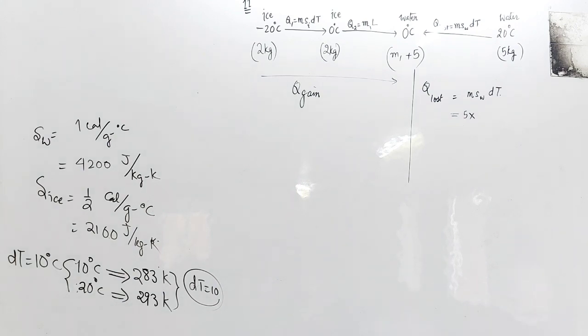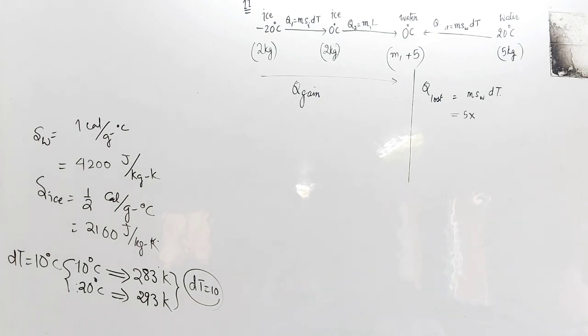A 10 degree increase or decrease is equivalent to a 10 Kelvin increase or decrease. For change we don't bother about the scale, but if we take an individual temperature, we have to convert degree Celsius into Kelvin.